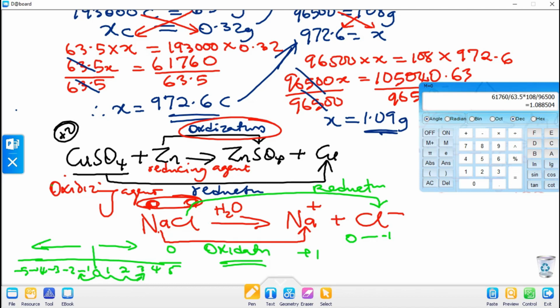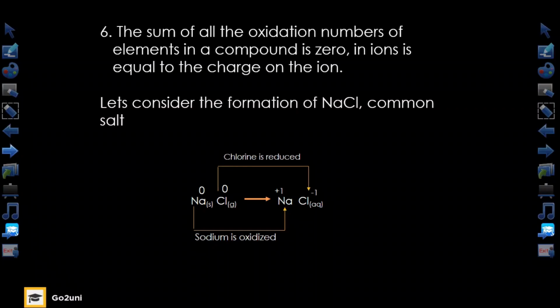So that is actually why we say that the chloride ion going from 0, which it was in the compound state, to -1 is reduction. But sodium going from 0 to +1 is oxidation. So that is actually what we should understand. So when sodium goes from the metallic state, because we said that the oxidation number of a metal alone is just 0, that is actually what we are looking at here.